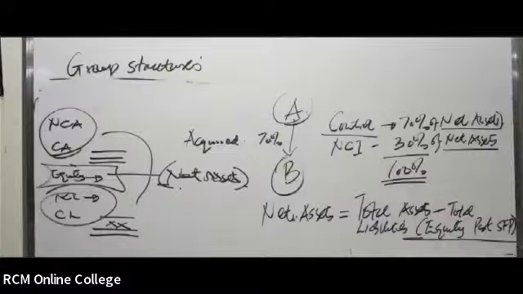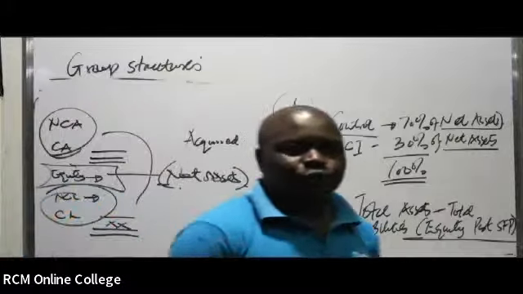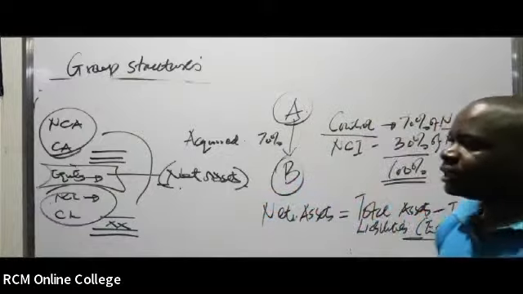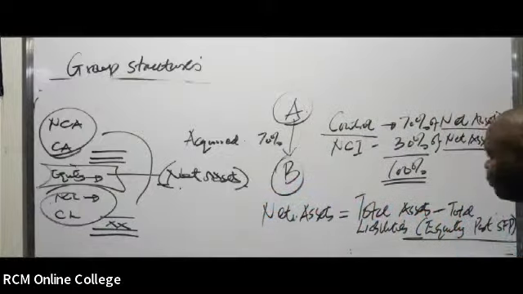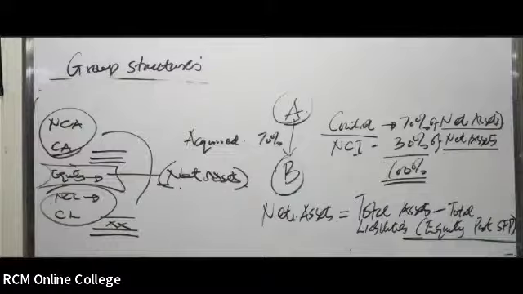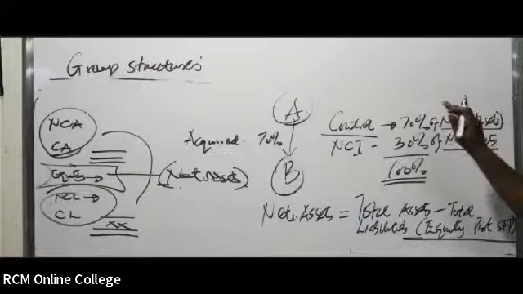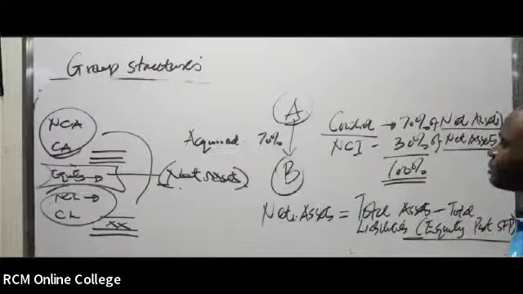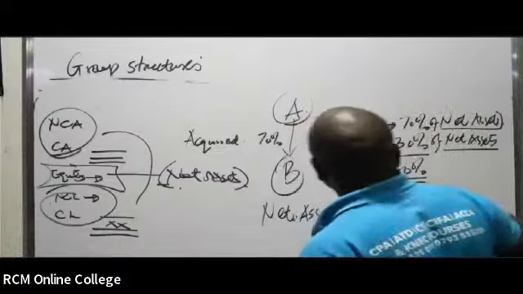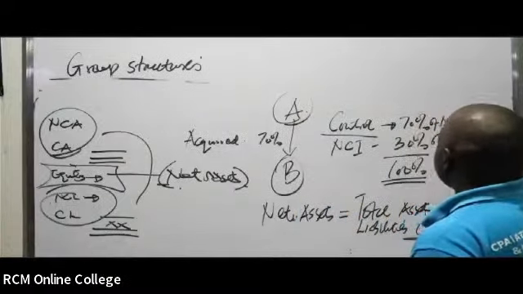What is being acquired is the equity part: the ordinary share capital, the revaluation reserves, the share premium, and the retained earnings. This 70% is what they are acquiring into, the equity part. That's what we mean by 70% of the net assets and 30% of the net assets.